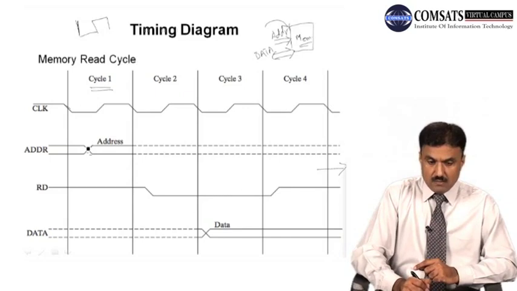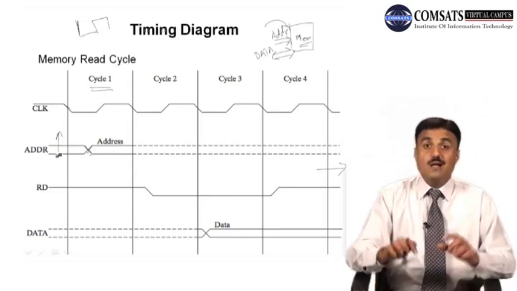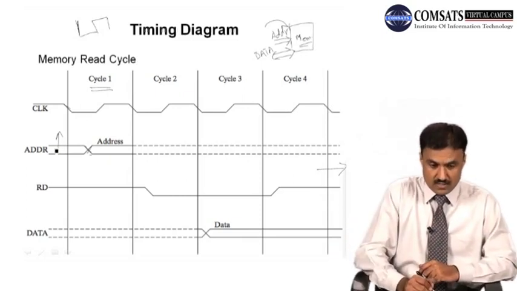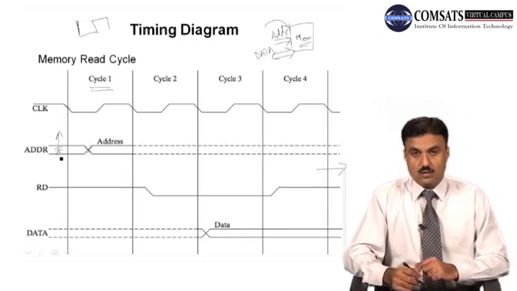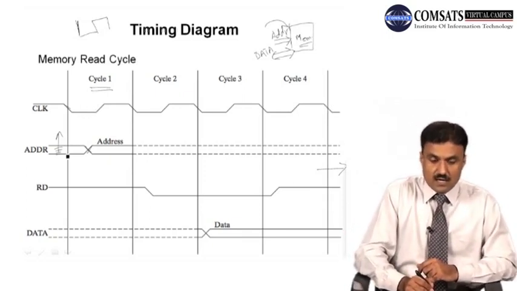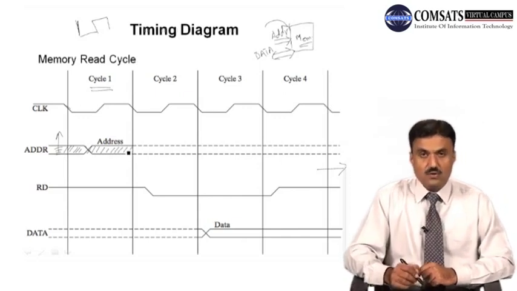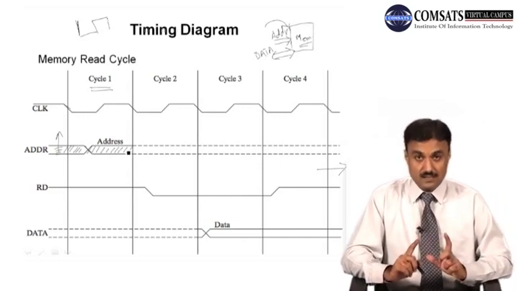This cross means previously there was another address value on the address lines. For example, there are 20 address lines, and on these address lines there was another value. Now during this cycle we update it with a new value. The new value has been updated in the first cycle.